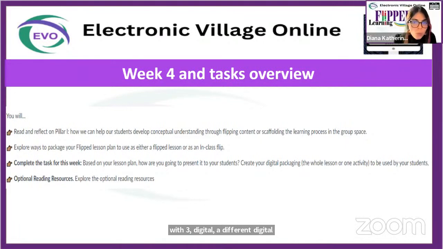But if they can create one, master and understand that as a routine, which is also very important in flipped learning, that construction of a routine, that learning environment and that learning culture, then they can understand how to do their activity. So this is the reason why in week 4, they had to present for us the digital packaging.